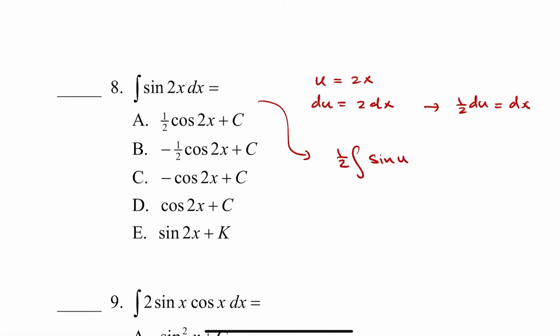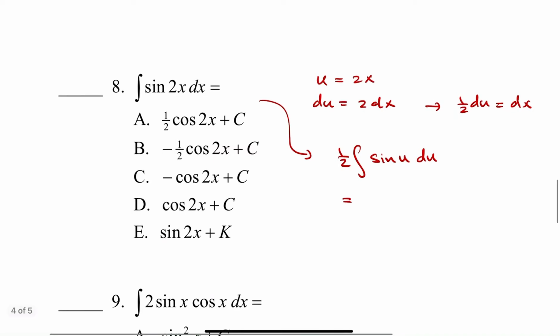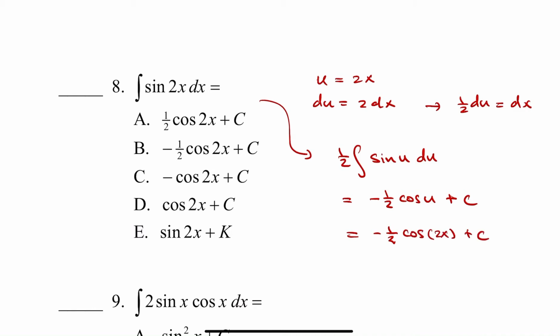You can take it out. Any constant you can take it out in front of integral. Then du. So integral sine u, that's a negative cosine. So negative 1/2 cosine u plus c, and substitute back, negative 1/2 cosine 2x plus c. So answer choice is B.